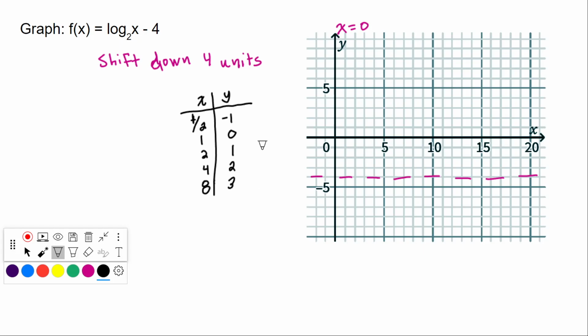So I'm thinking of the inverse, but writing my table in that inverse order. So from the vertical asymptote, 1/2 unit is down 1. Let me use a color here.